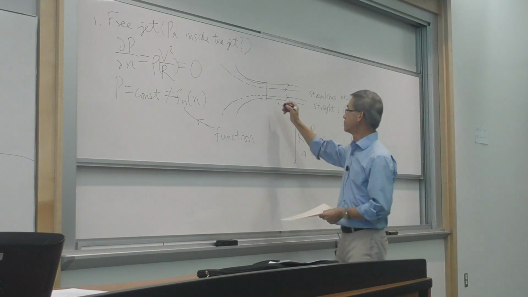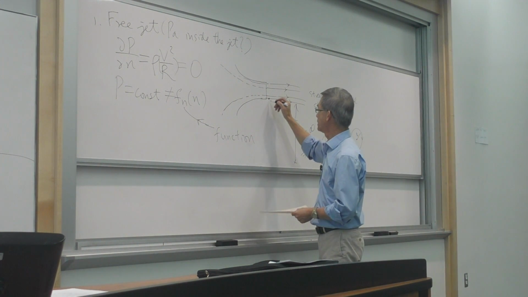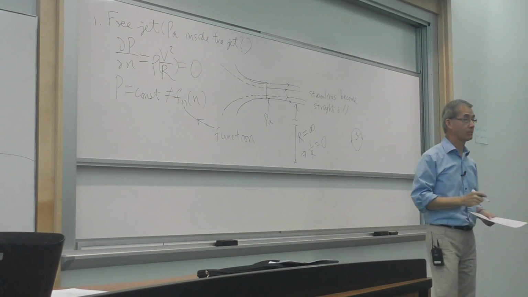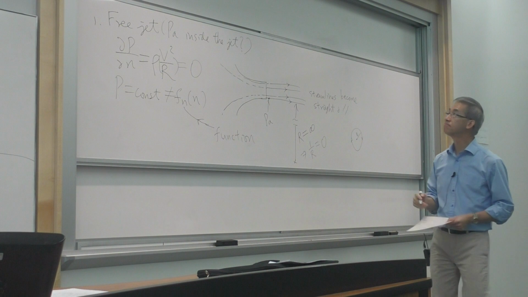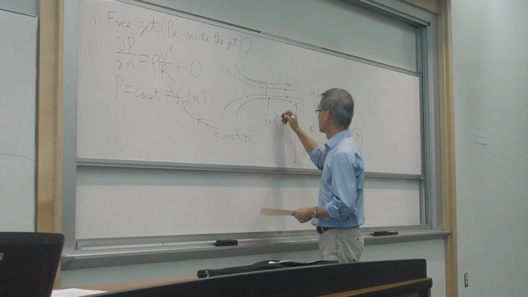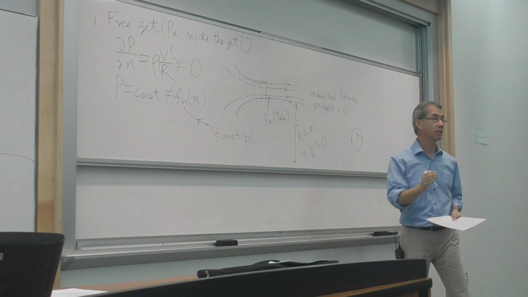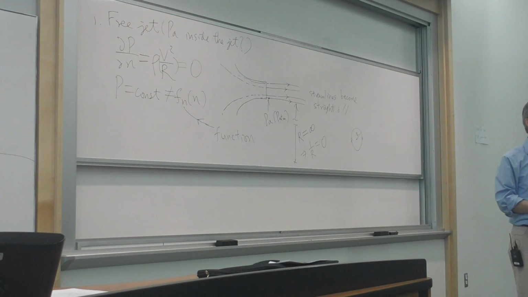So on the edge, the very outermost streamline, which is exposed to atmospheric, P_A is the same as P atmospheric. The outer edge, the one that is in contact with the ambient, stagnant air, is atmospheric.